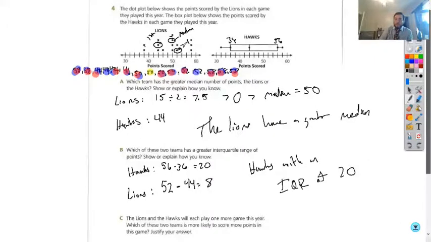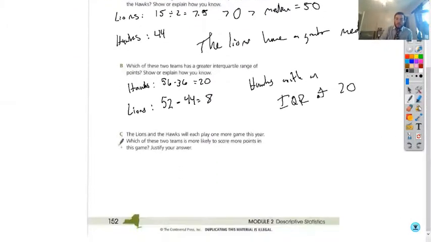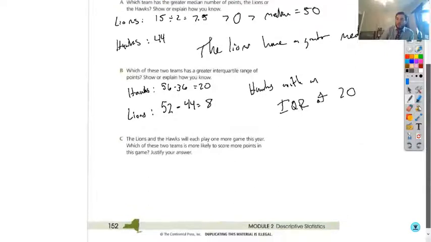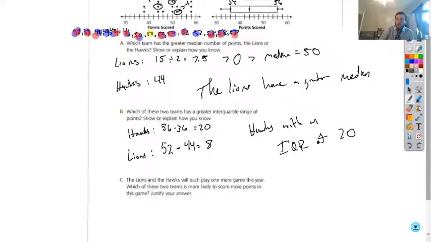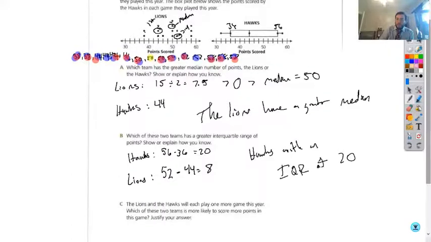All right. Looking at question C, it says the Lions and the Hawks will each play one more game this year. Which of these two teams is more likely to score more points in this game? Justify your answer. Well, if we take a look here at the data, the data for the Hawks is a lot more spread out. So they're scoring a wide range of points. Well, if we look at the Lions, most of their points are grouped around their median there.